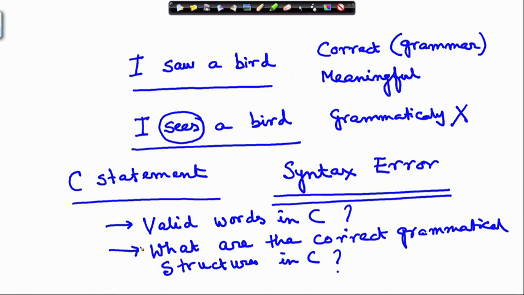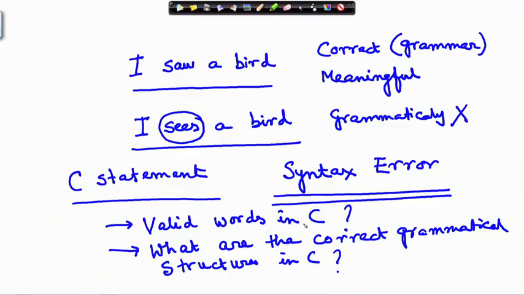Similarly, if you want to learn any other language, computer language, you have to exactly know these things. What are the valid words in that language, and what is the correct grammatical structure in that language.